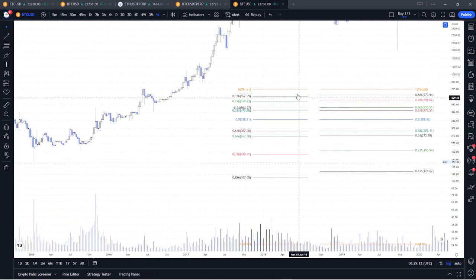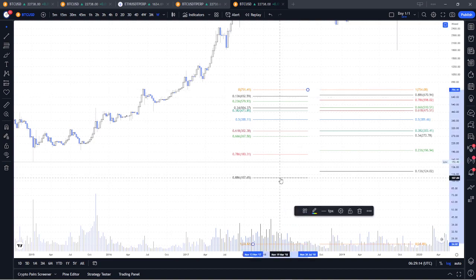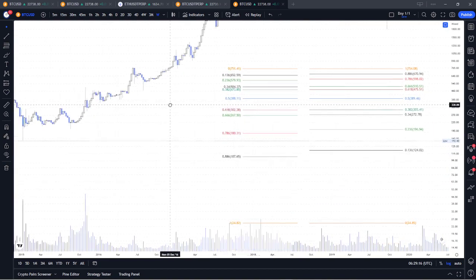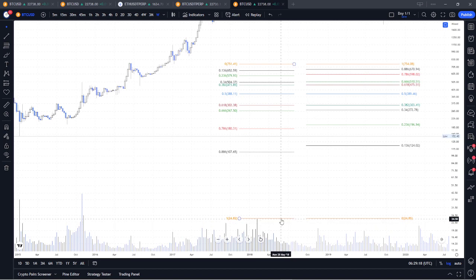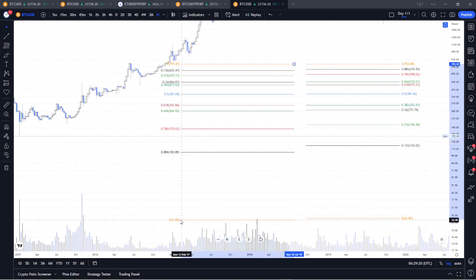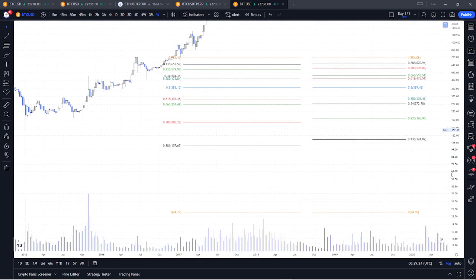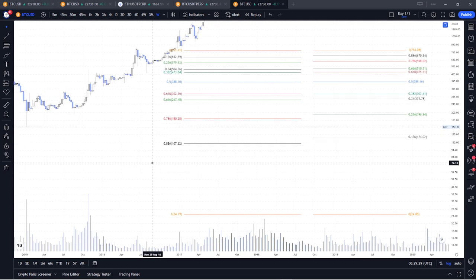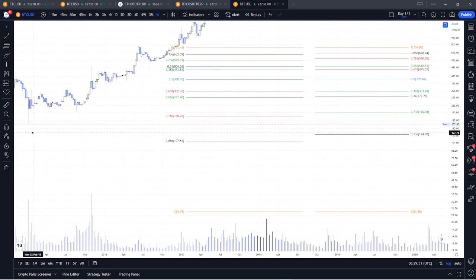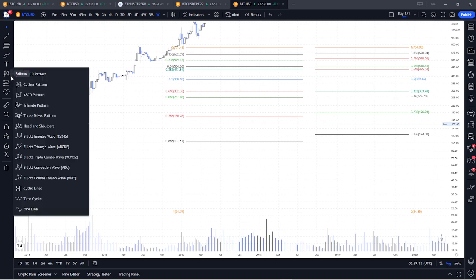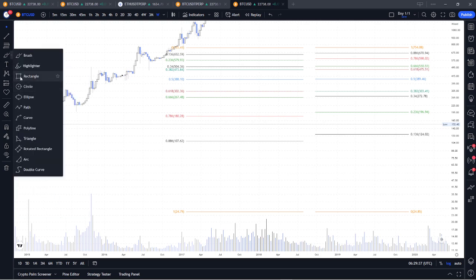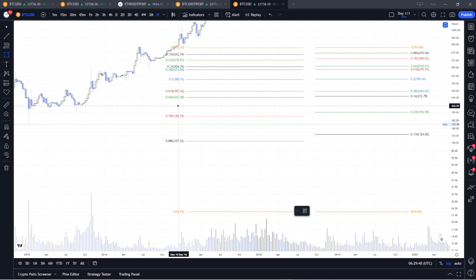Okay, so as you can see, from high to low, from low to high. As an example, and now I will limit all of these Fibs by accumulation and distribution.